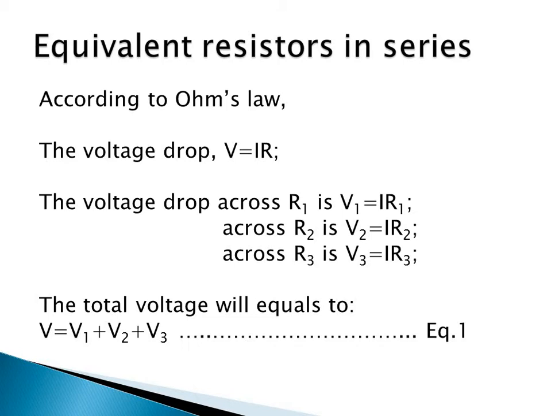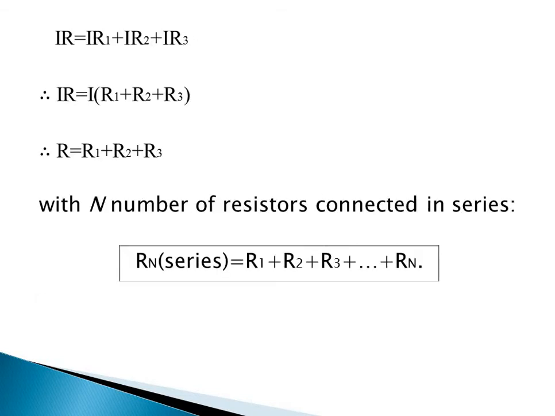The sum of these voltages is equal to V1 plus V2 plus V3. Call this equation number 1. Now we substitute the values for individual voltages in equation number 1. Therefore, IR is equal to IR1 plus IR2 plus IR3. Therefore, R is equal to R1 plus R2 plus R3.